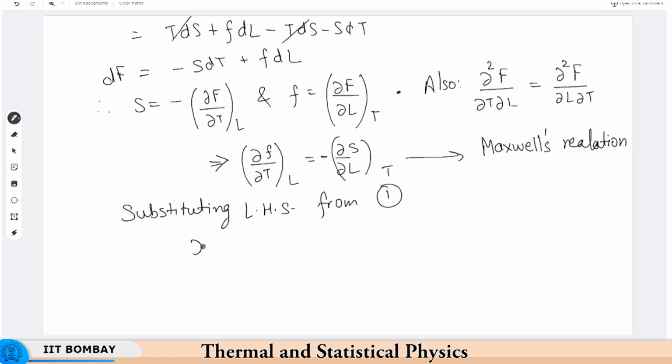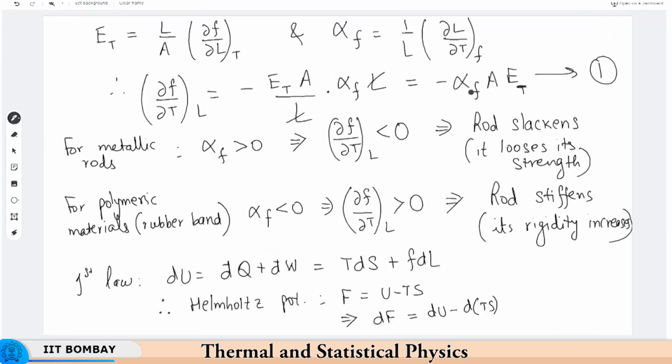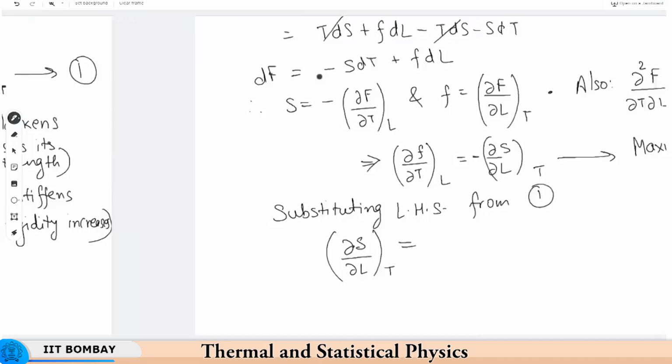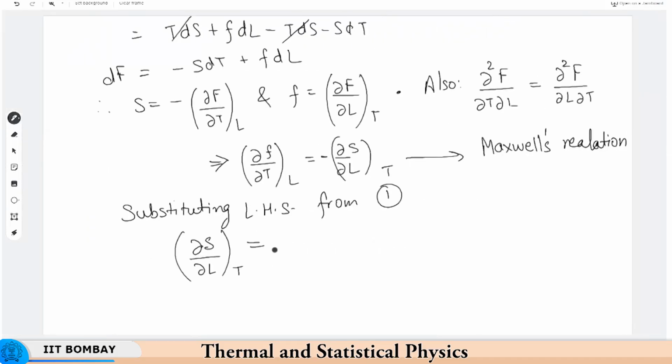We end up with del S by del L at constant temperature equals, since the negative sign cancels out, A times alpha f times E T. And this is an important result.